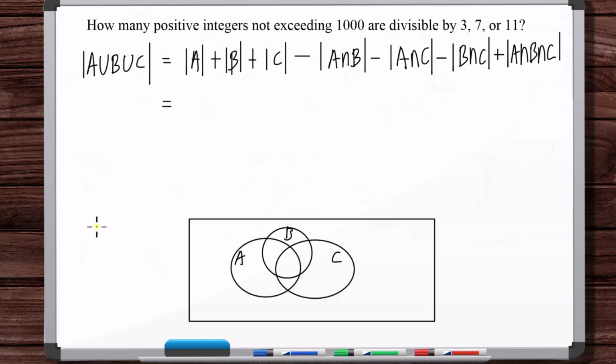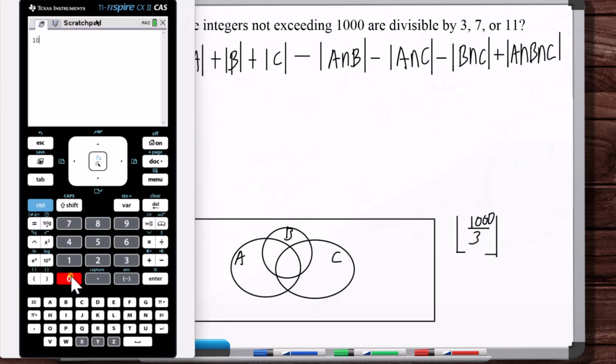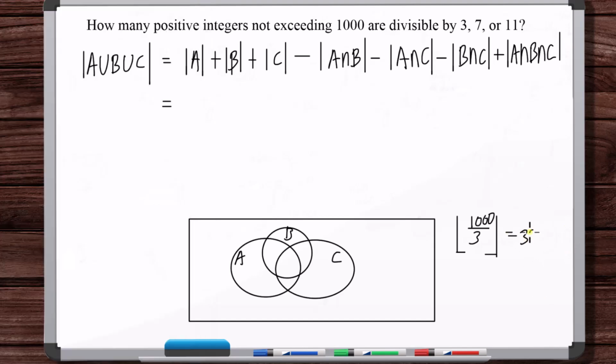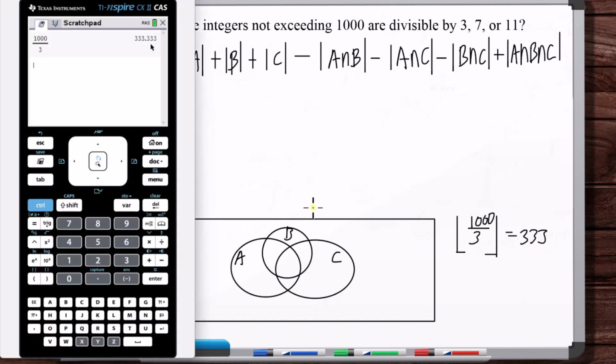are divisible by 3. What we do is we take the floor function of 1,000 divided by 3. So this should be 333. And it's the floor function because, if we're counting, we start at 3, 6, 9, 12.